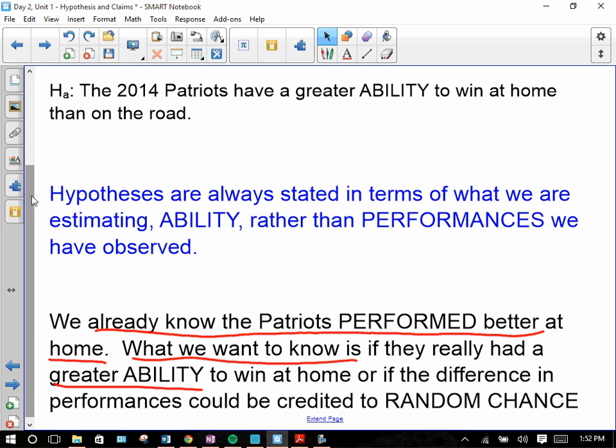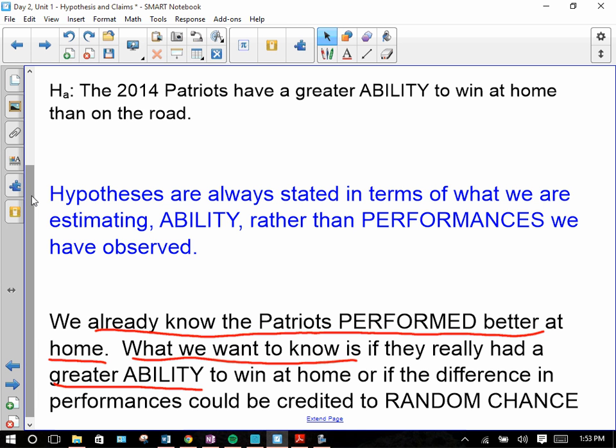The reason why you don't put stuff about the performances in your hypotheses is because if you think about it, we already know the Patriots perform better at home. Why would we make a hypothesis about something that we already know? We know they've won 75% of their games at home versus 37.5% on the road.